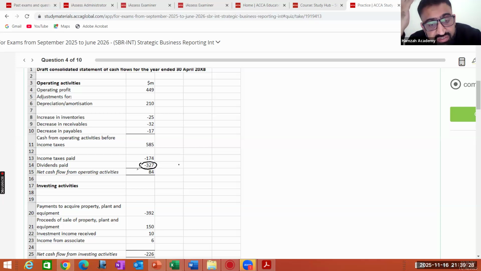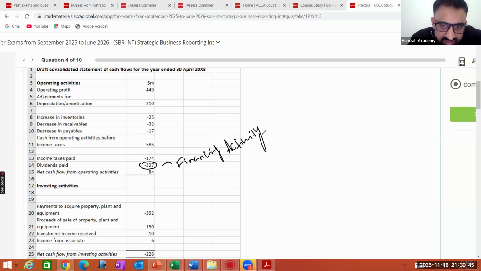Now, previously, before IFRS 18, dividend paid and interest paid could be shown under the operating activity in a cash flow statement. But now they must be shown under the financing activity. Number one, that is the direct, obvious point here. So it will be taken from financing.